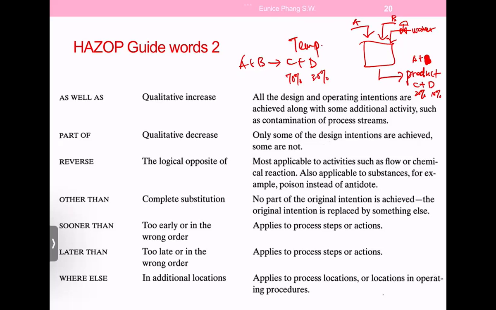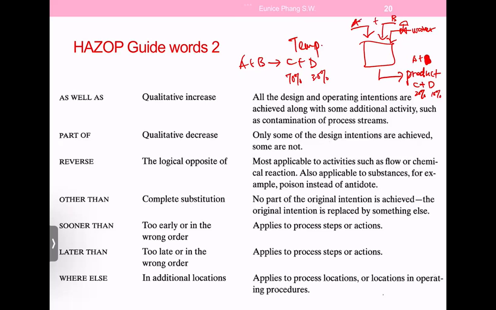So these guide words are only used for specific parameters. Okay, other than is something like complete substitution. Just now we said as well as, you have A plus B as well as water. But now you're supposed to have A plus B, but A doesn't exist.